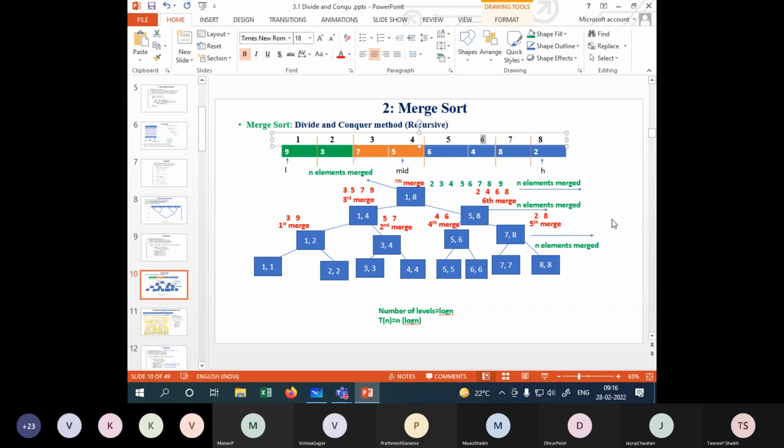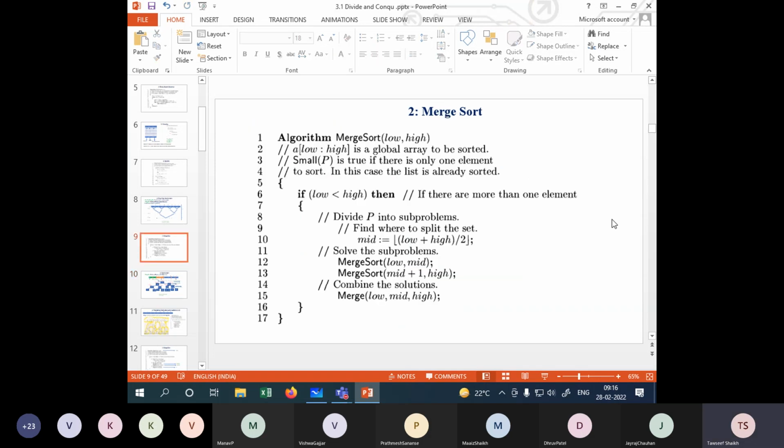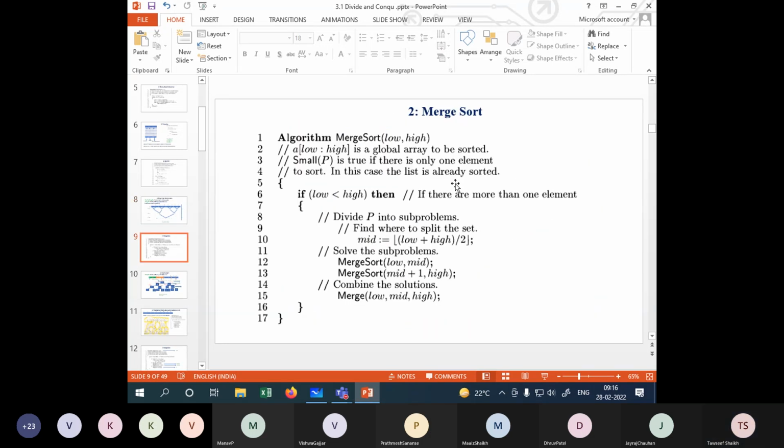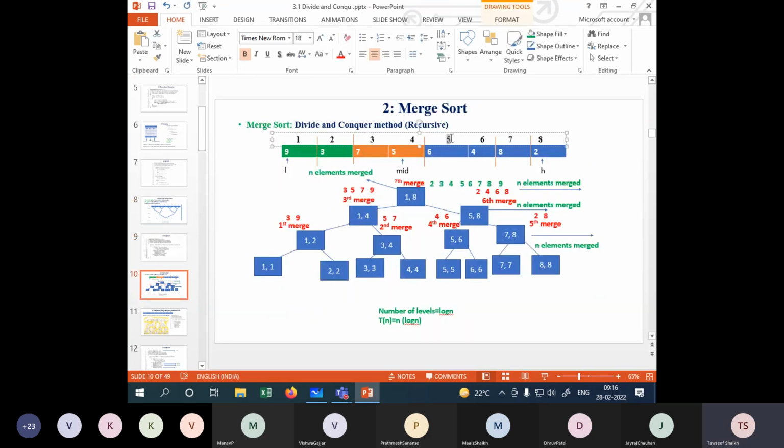So we reach here, and when we calculate the new mid value, we again call this merge sort. Now the merge sort will be from new low to new mid. The new low for this array will become the new low for it. In the next merge sort, this will become low, that is 5.